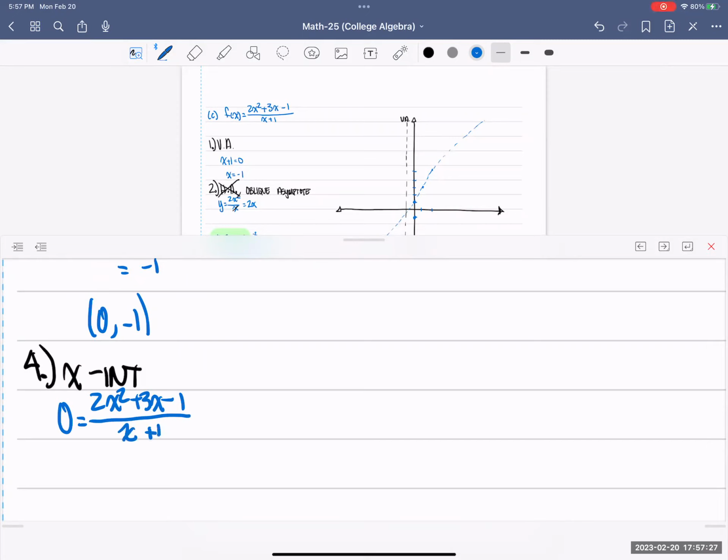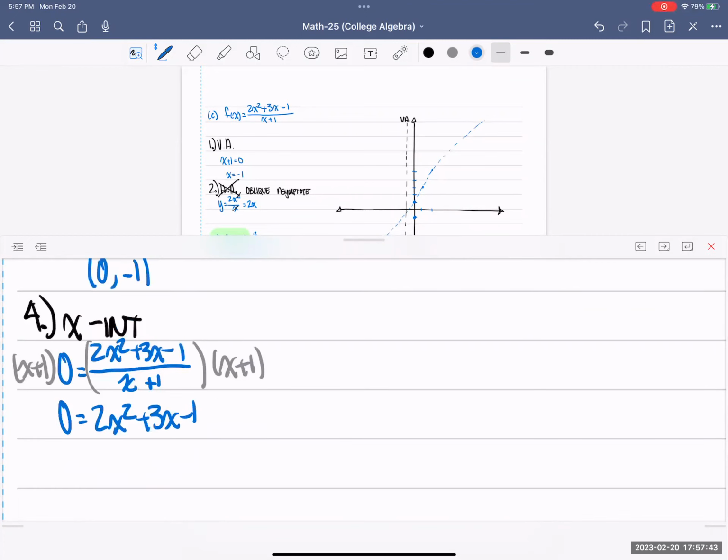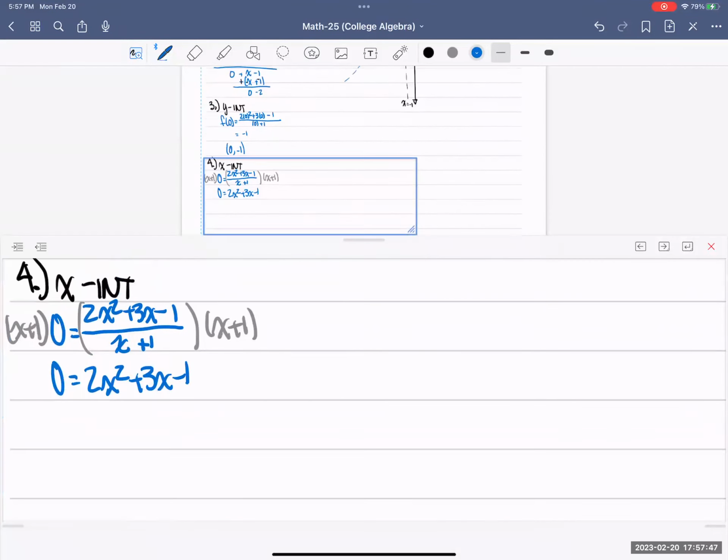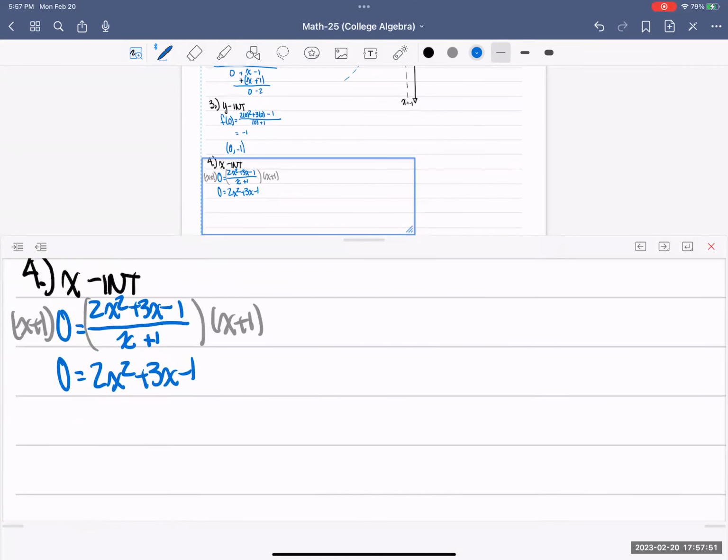Multiply both sides by x plus 1. So we have 0 is equal to 2x squared plus 3x minus 1. And here we could factor, or we could just plug it into our quadratic formula.